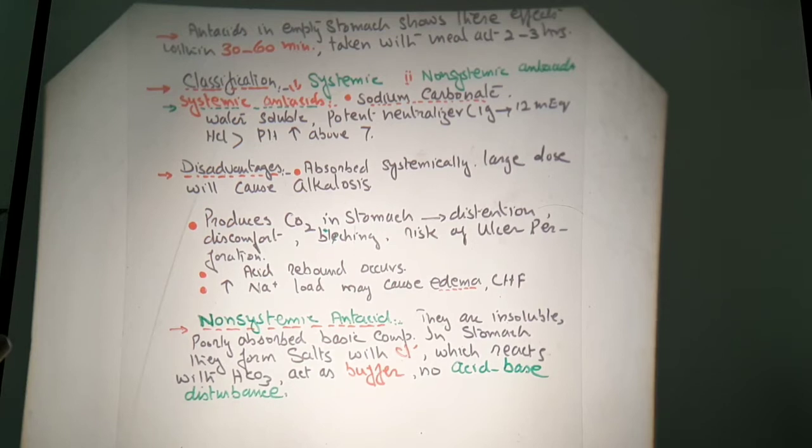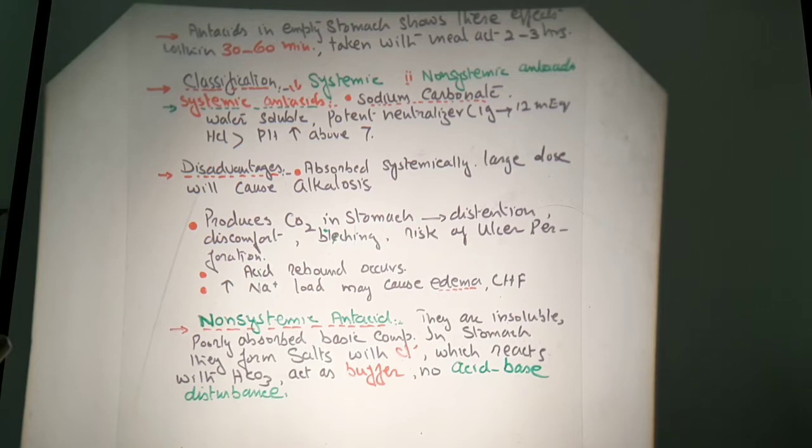Acid rebound phenomena may also occur, that is, the acid comes up through the tube connecting the mouth to the stomach. Increased sodium load may cause edema.